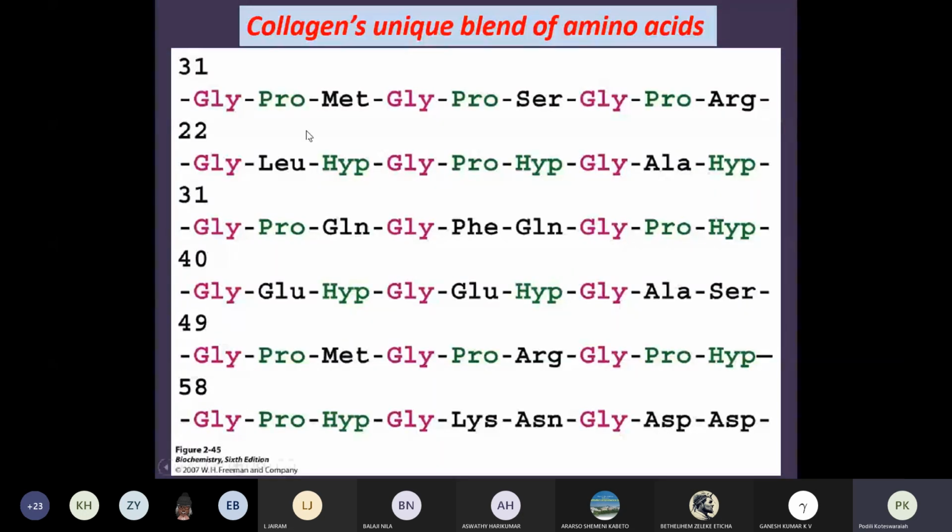You can also see here that every third amino acid residue, 1, 2, 3, 1, 2, 3, in a collagen polypeptide is glycine, because glycine has a small side chain, in the sense it has only H instead of an R group, whereas other amino acids have bulky side chains.